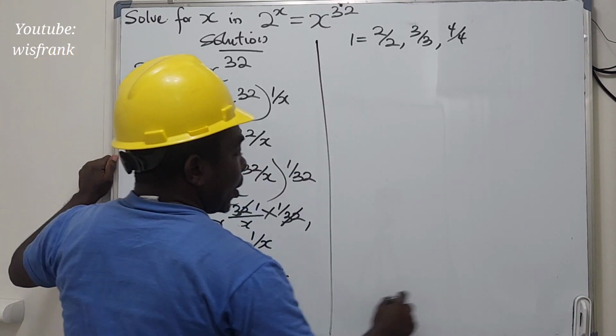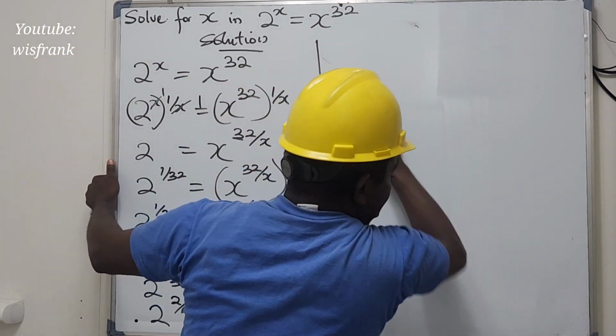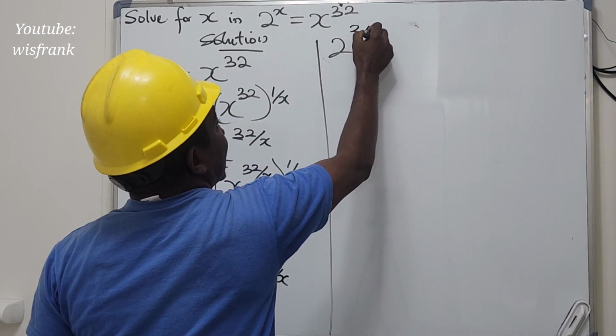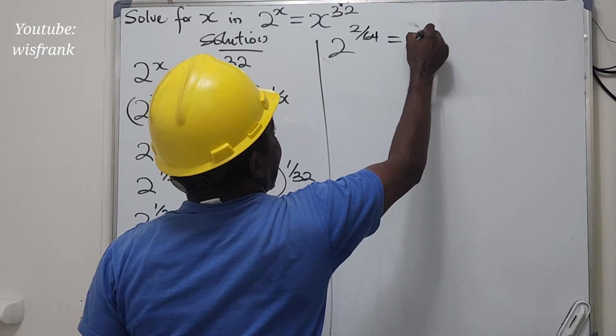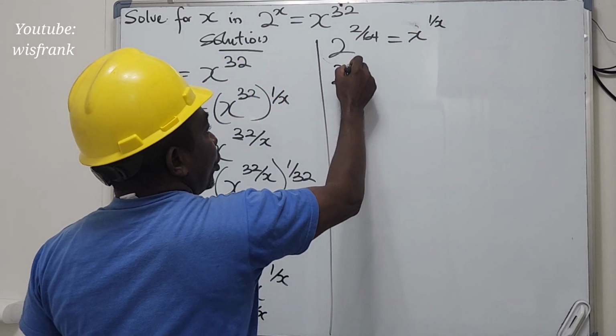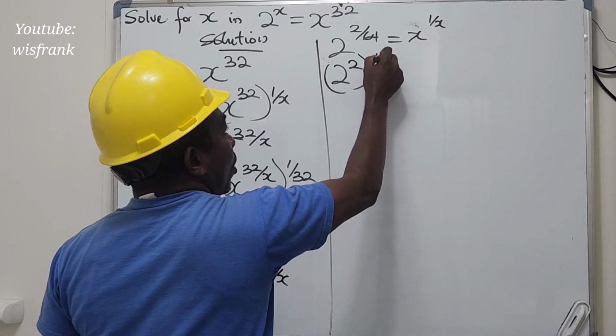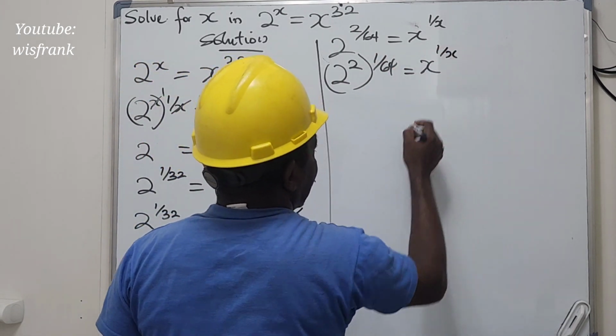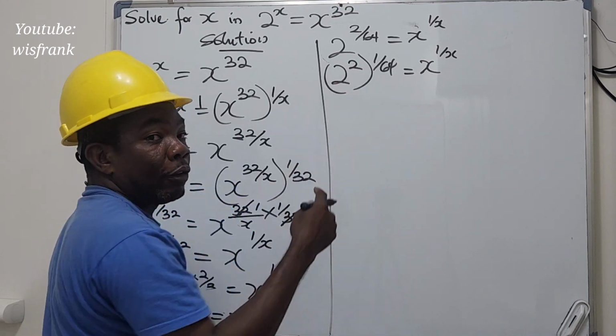So in that case, we have that. So what we have here is 2 to the power of 2 over 64 equals x to the power of 1 over x. This can be written as 2 to the power of 2, all to the power of 1 over 64, equals x to the power of 1 over x. So here, 2 to the power of 2 is 4.